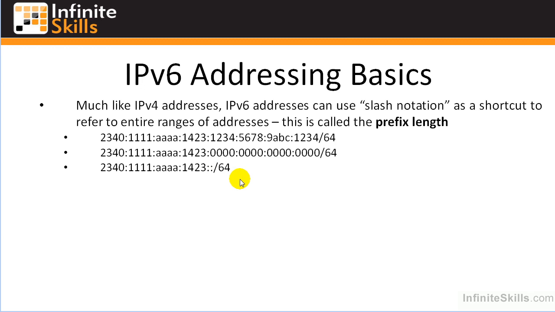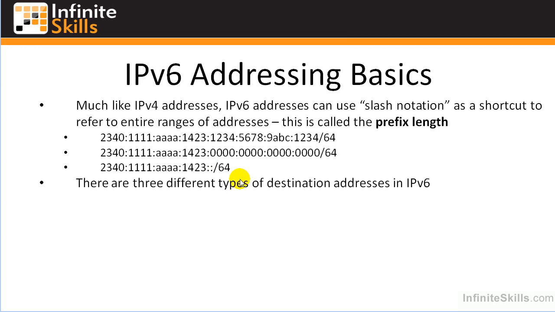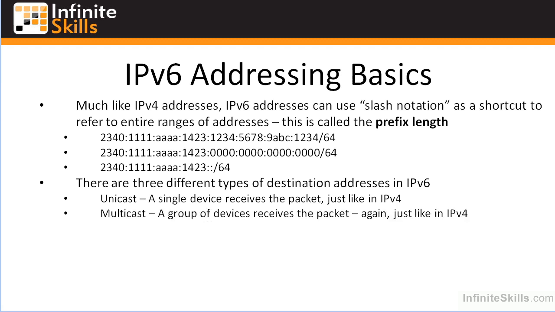Now, in IPv6, there are 3 different types of destination addresses. Number 1 is a unicast. Just like IPv4, a single device receives the packet. Very straightforward. We also have a multicast. Again, just like IPv4, a group of devices receives a single packet, and all of the devices in the multicast group take action on that packet.